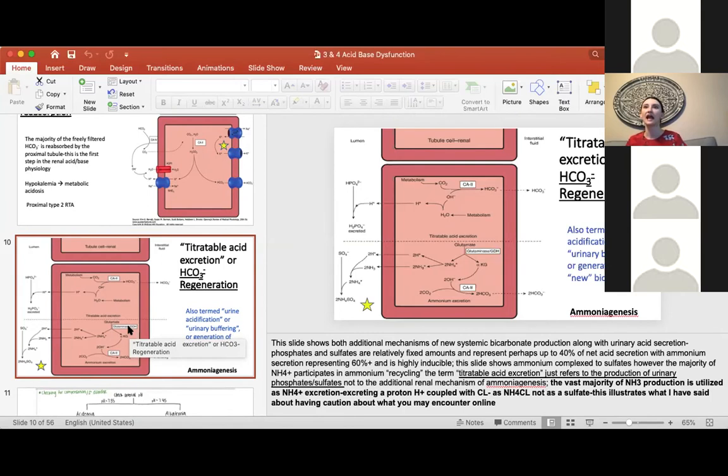Ammoniagenesis is the name for that. I would probably just know the name. And the majority of NH3 production is utilized for the excretion of hydrogen ion and chloride as NH4Cl.